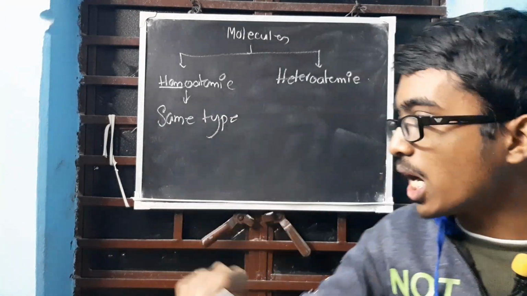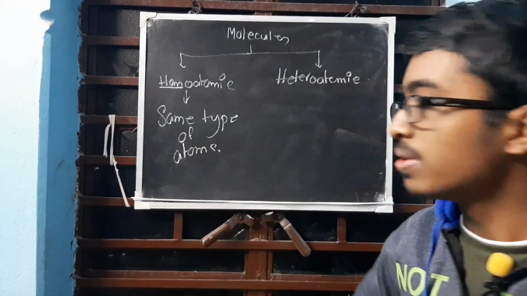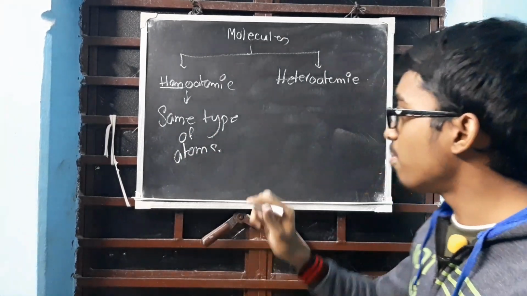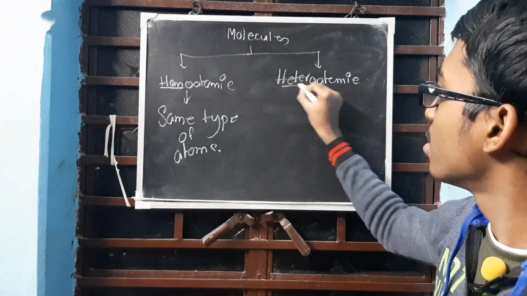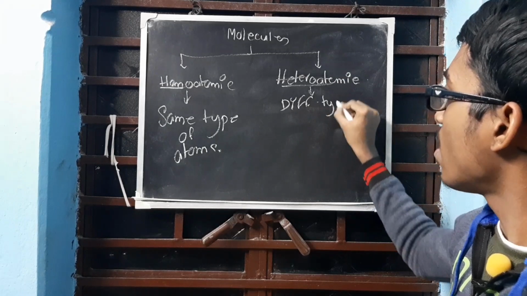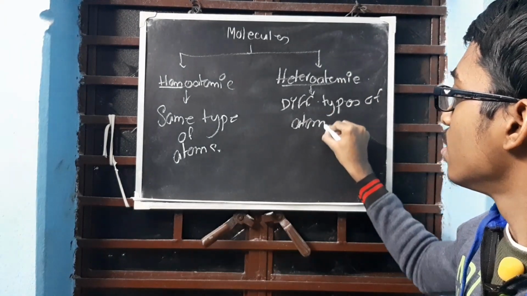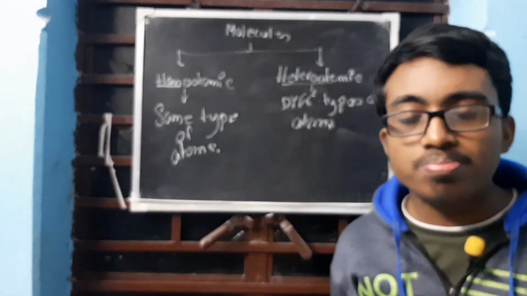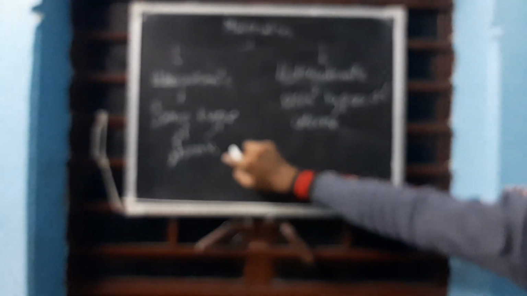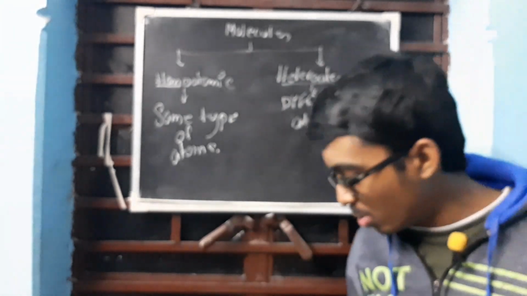Clear? Same type of atom. Now heteroatomic means different type of atom. How many different types is not specified, but different types of atoms, which can be two or more. Simple. So here same type of atoms are present, here different types of atoms are present. Then it is heteroatomic.